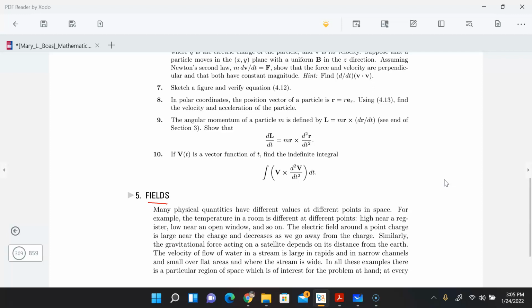An example of a field, say a scalar field in this particular case, is the temperature inside a room. You might consider the temperature varying inside the room, but you can define a temperature at a particular region of the room.